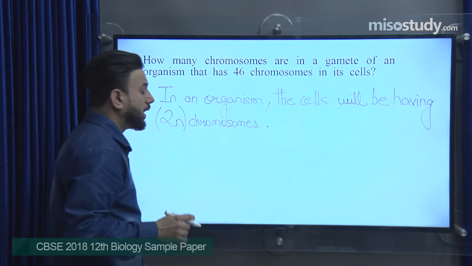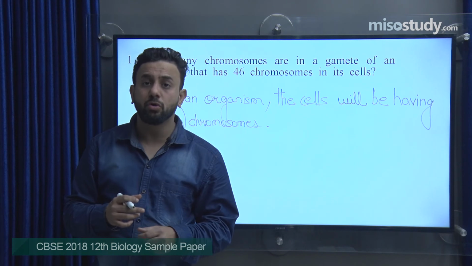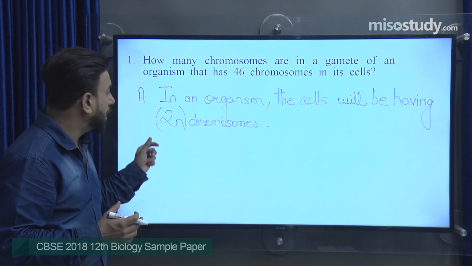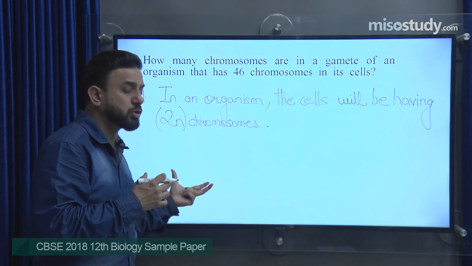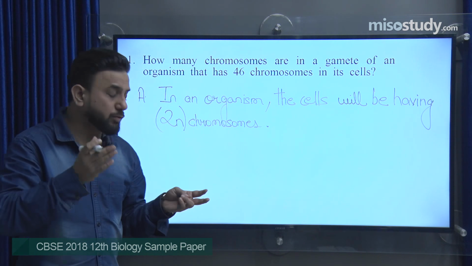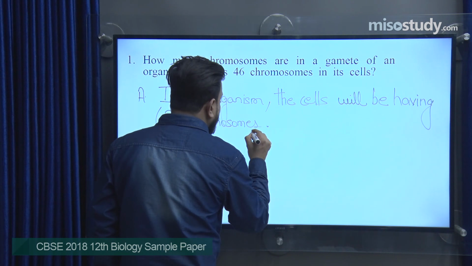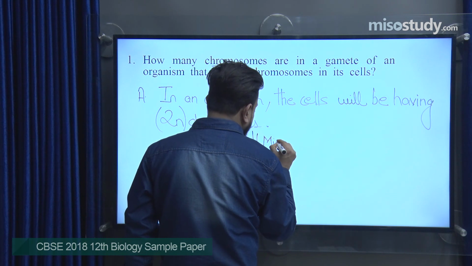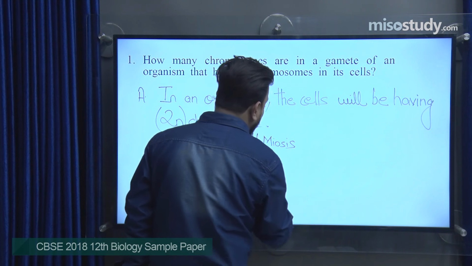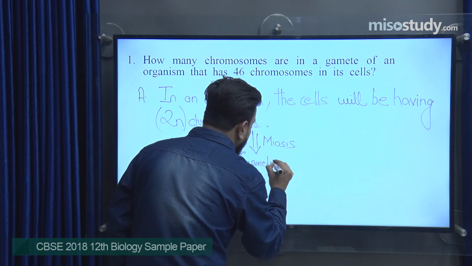Now each cell will be having 2n chromosomes. What will happen when the gamete formation is taking place, my dear friends? There will be meiosis, and the gametes will be formed.